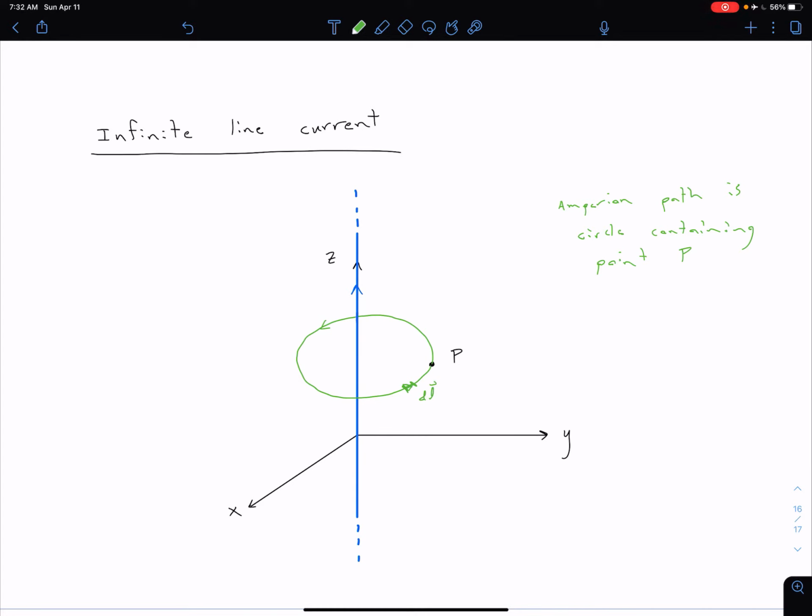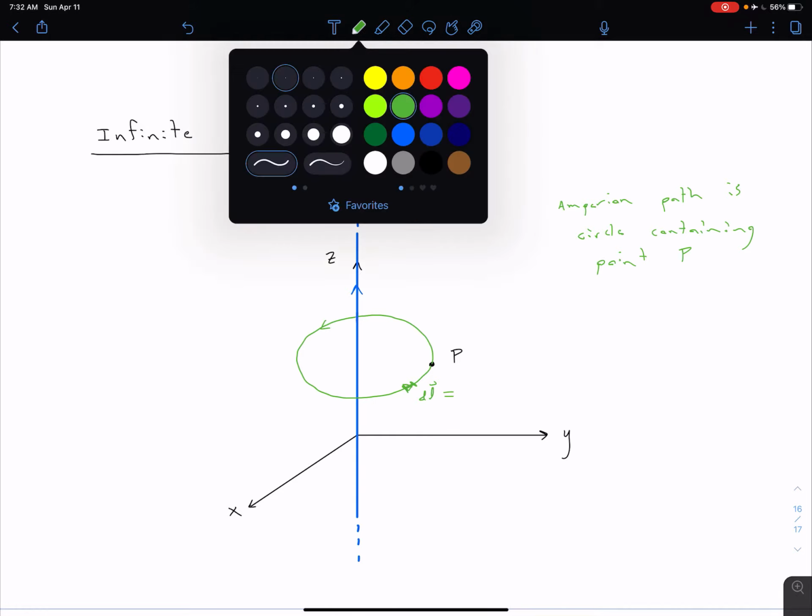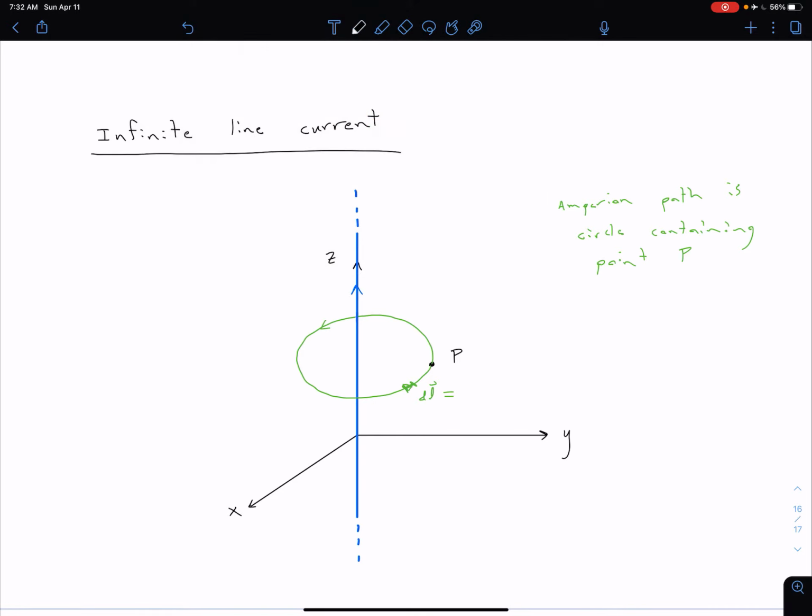In this case, because we are going in a circle, and due to how we have this oriented with our x, y, and z axes, we can use cylindrical coordinates to most easily represent this. First, let's say that our point P is some perpendicular distance rho away from our filament.